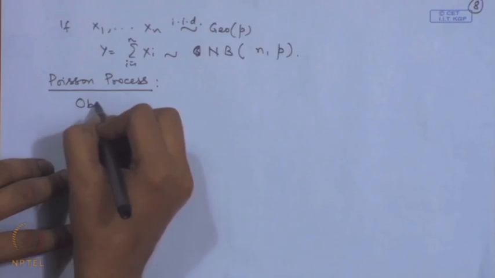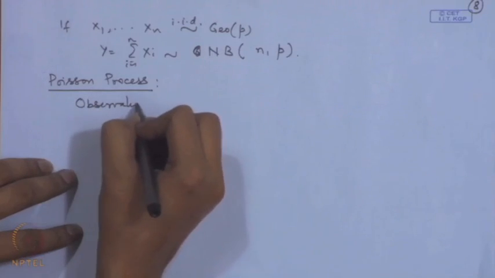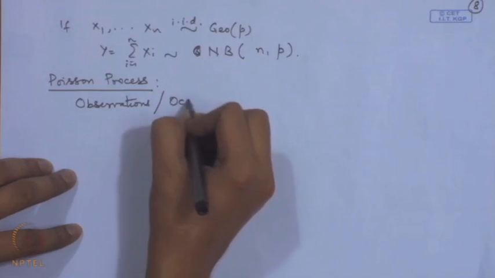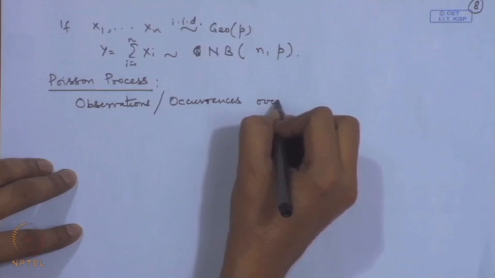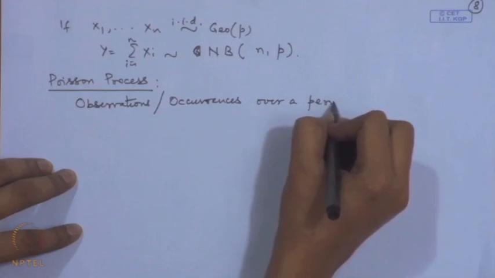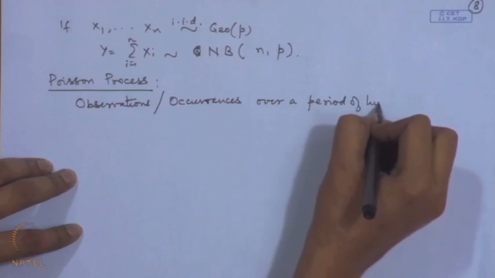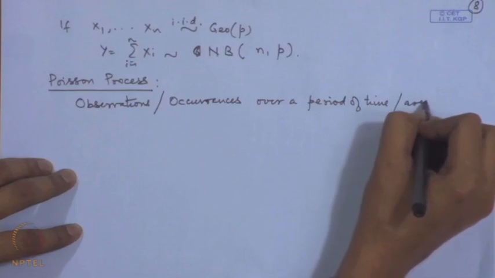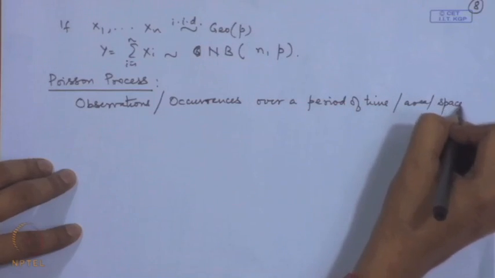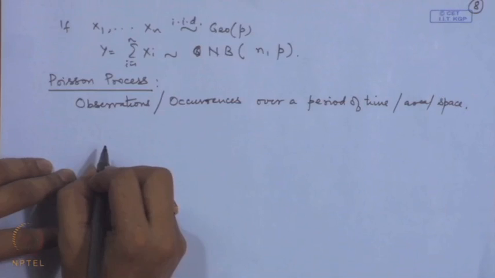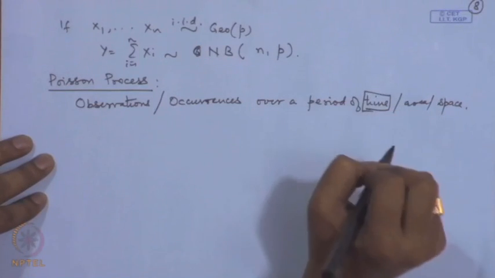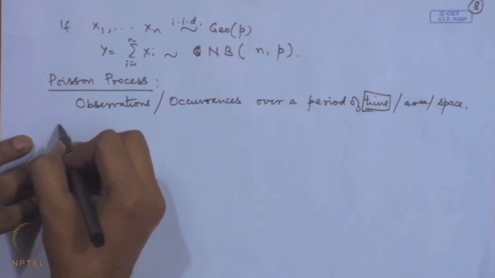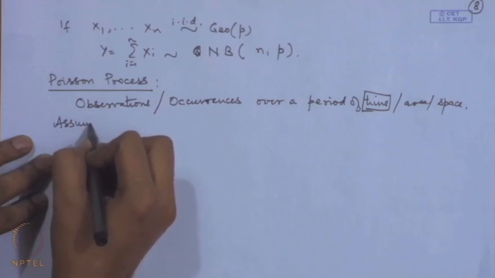So, for convenience we consider observations or occurrences over a period of time, area, space, etc. Okay. For convenience we will restrict our attention to time. So, we make the following assumptions.